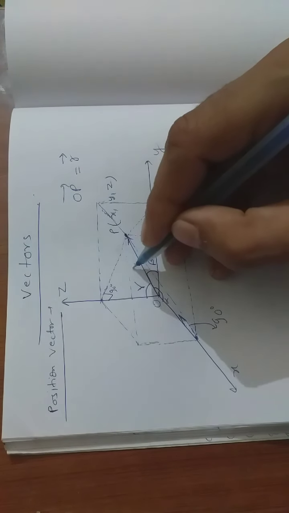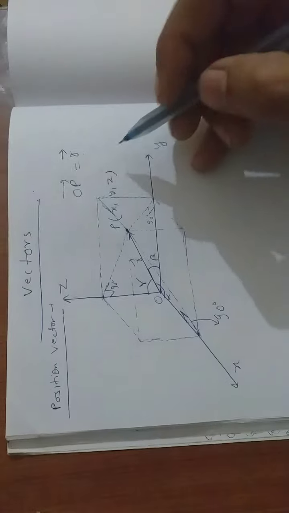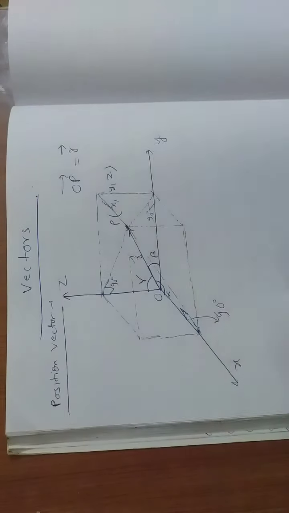So vector r, which is vector OP, is the position vector of point P.